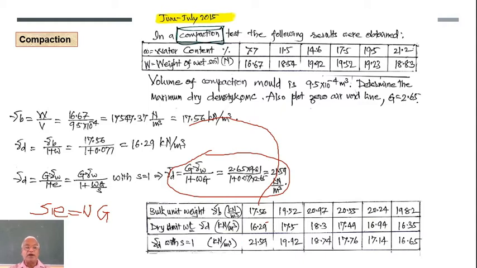So here I have, corresponding to these water contents, all these values. The water contents range from 7.7 to 21.2, whereas the densities range from 16 to 22. Right, we'll plot them.